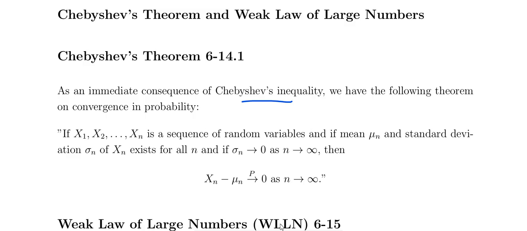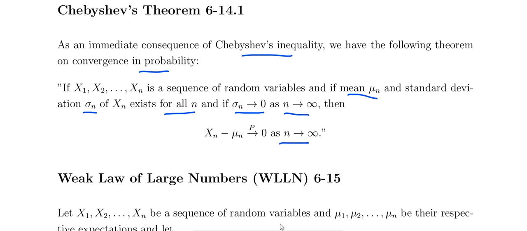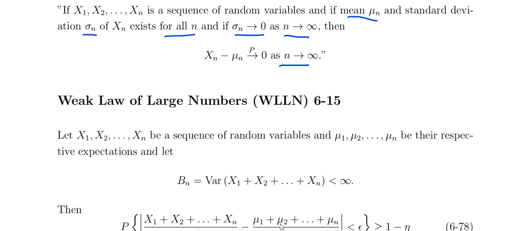The sequence of random variables x1, x2, xn is a sequence of random variables. If the mean mu n and standard deviation sigma n of xn exist for all n, and if sigma n converges to 0 as n tends to infinity, then xn minus mu n converges to 0 as n tends to infinity in probability. That is the probability theorem.